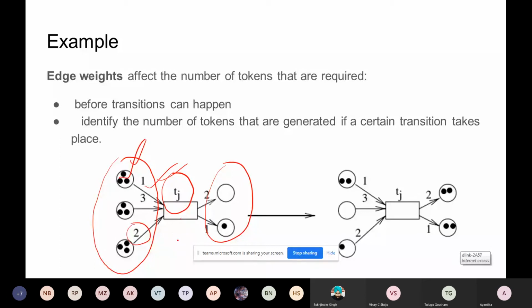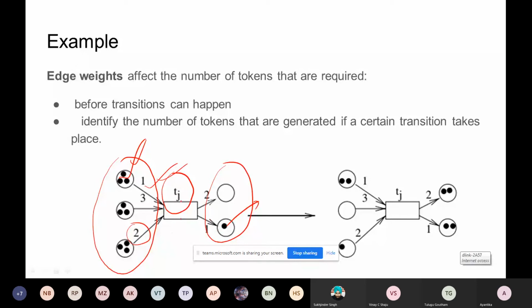Now, once this transition happens due to some event, after that, these are the post conditions where these tokens will be generated. Again you can see these are the edge weights associated with it.